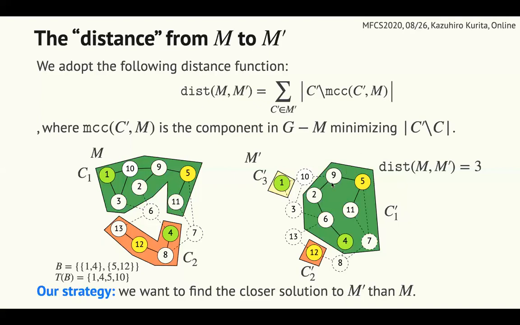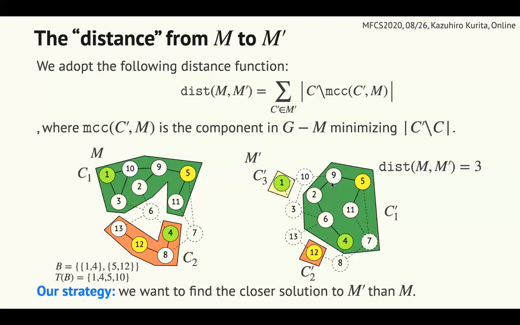For C'1, MCC(C'1, M) is equal to C1, and the size of C'1 minus C1 is equal to 3. Similarly, for C'2 and C'3, the size of C'2 minus MCC(C'2, M) and C'3 minus MCC(C'3, M) are equal to 0.